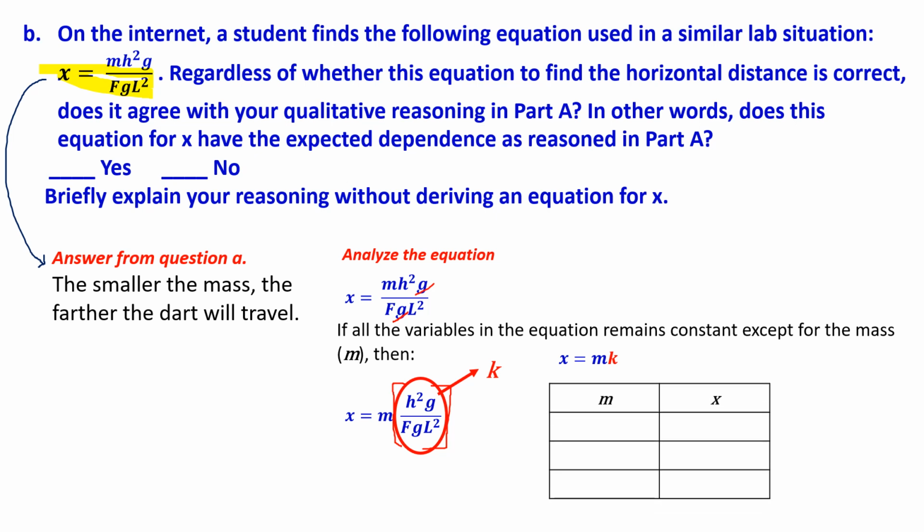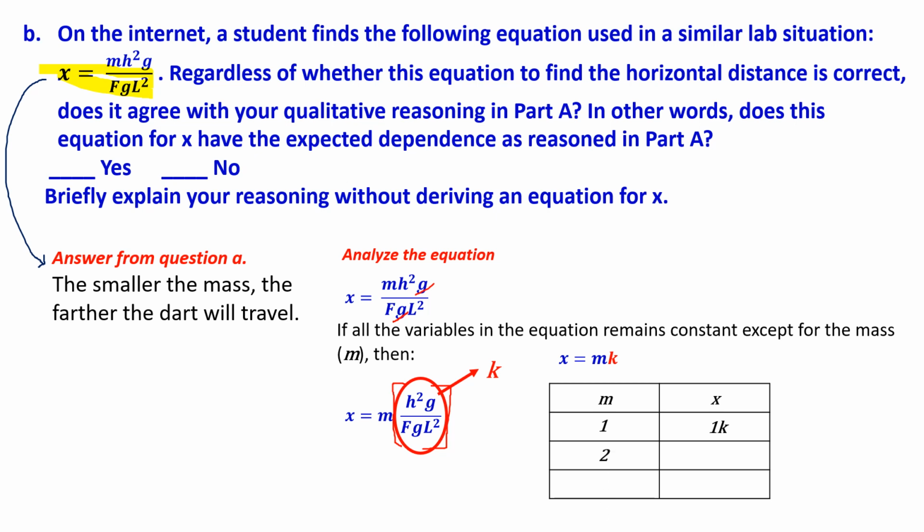So now let's create a table where M is our independent variable, something that we manipulate, and X is our dependent variable. So if you put M as 1, what's the value of X? 1K.